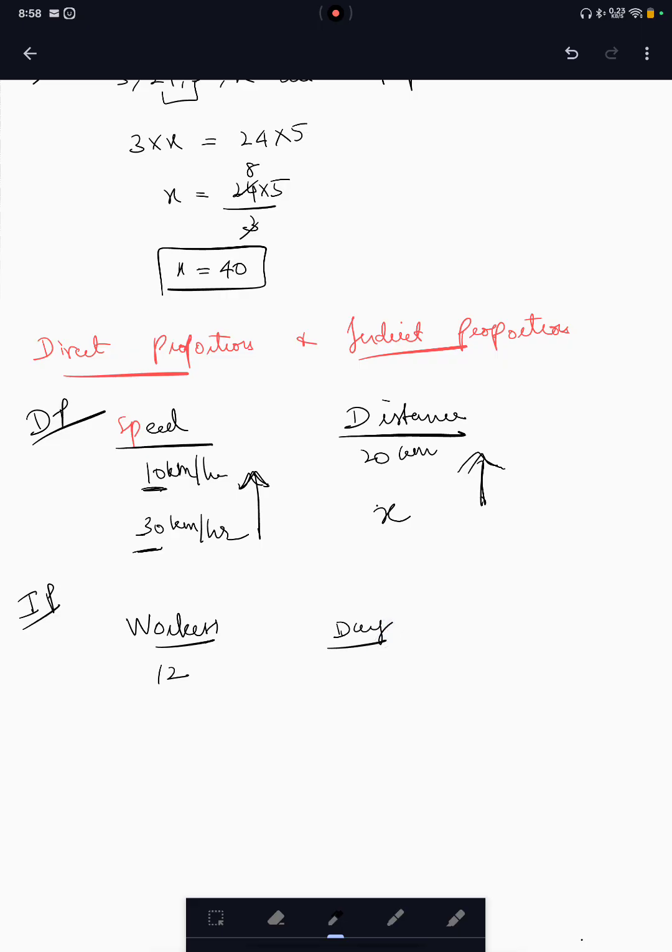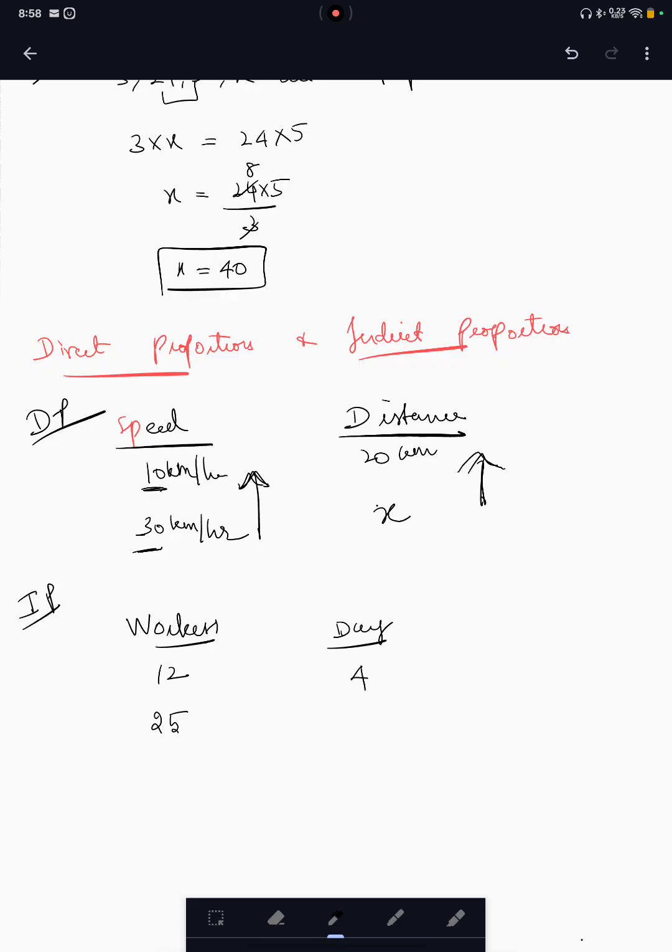If 25 workers are there, how many days will they take to complete the same work?